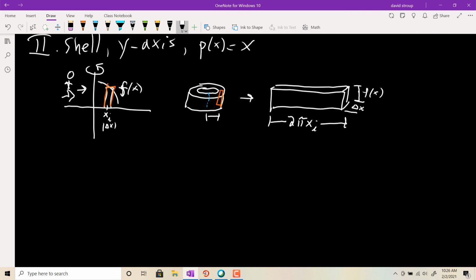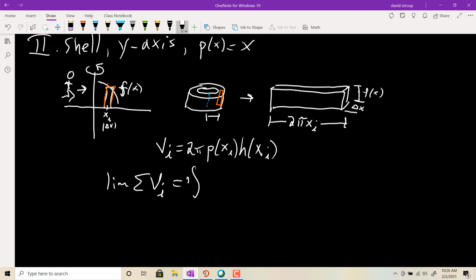Then in general, v sub i will just be 2 pi times some radius function, in this case just x, times some height function in terms of x. And if your Riemann man goes along and adds up all these sums, and then you take the limit, you get the integral from a to b of 2 pi p of x h of x dx.